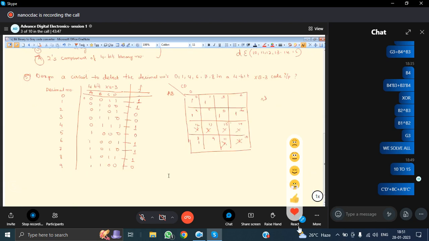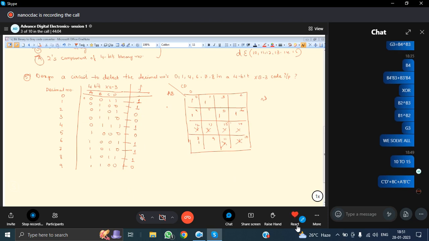So you got something CD plus CD bar plus BC plus A bar B bar C. So you got F is equal to CD bar plus BC plus A bar C bar D bar BC plus whatever you got.